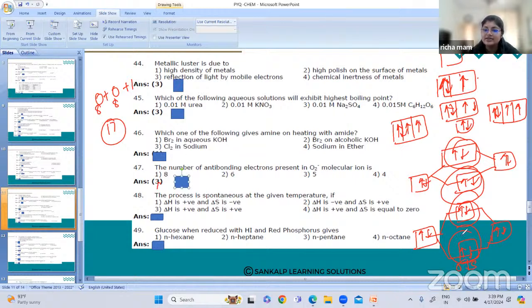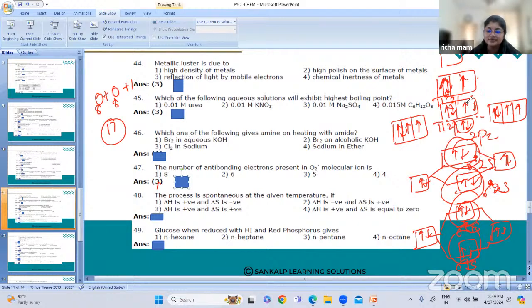So this is sigma 1s, this is sigma star 1s, this is sigma 2s, this is sigma star 2s, then sigma 2pz, then you have pi 2px and pi 2py, and this is pi star 2px and pi star 2py. So just see how the electrons will fill.